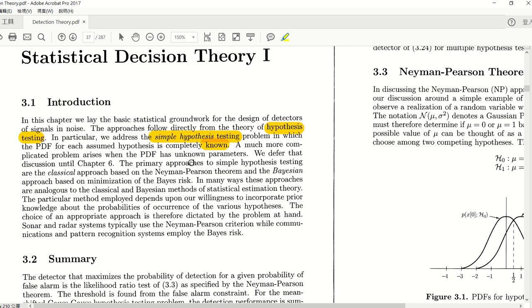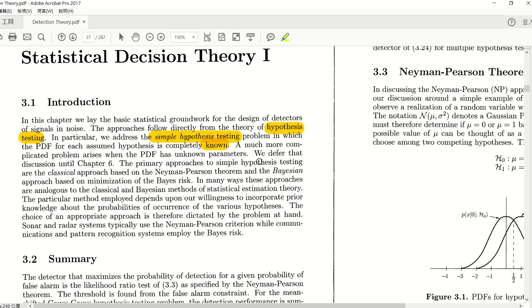Some with known probability density function, some with unknown, and some with known distribution without knowing the parameters. And there are a variety of those things. So there are different combinations. But we will start out easy. We'll start from the most simple examples.